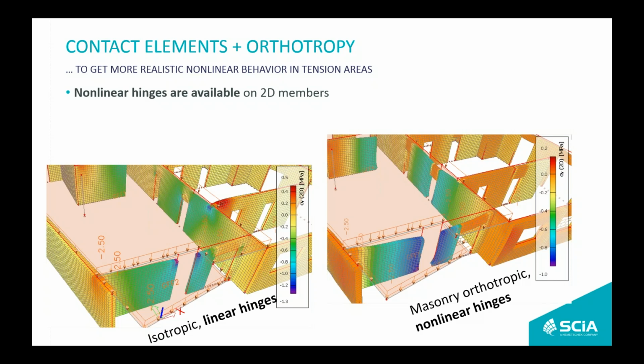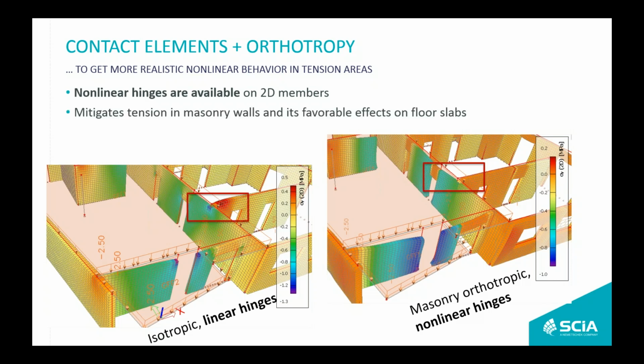We have isotropic with linear hinges and the masonry orthotropic type of elements with nonlinear hinges, and we clearly see that this usage together mitigates both local singularities and, more importantly, tension in walls, which is basically more clear to use when connected to concrete slabs.